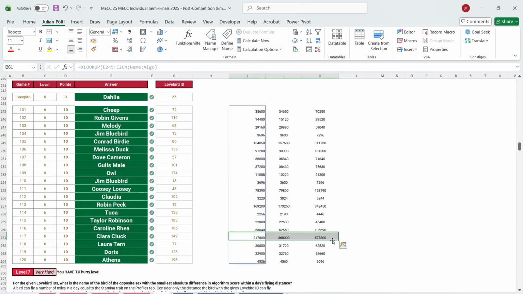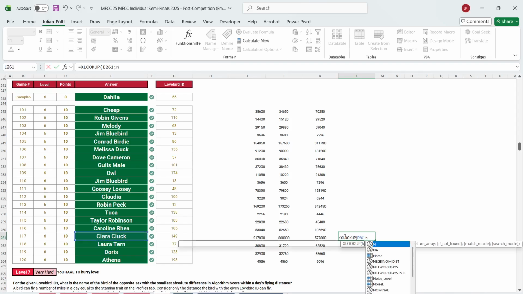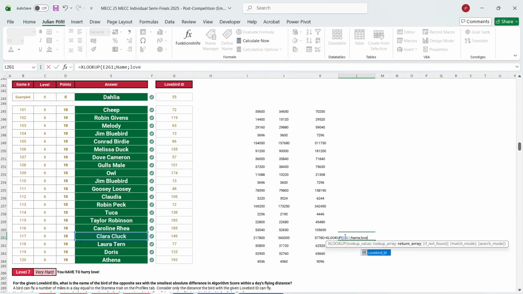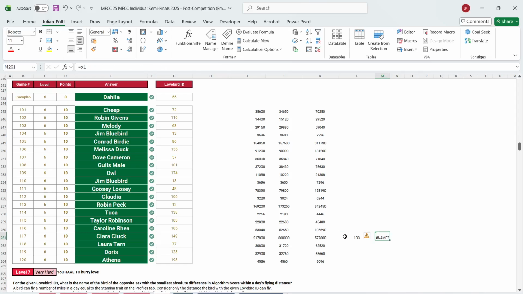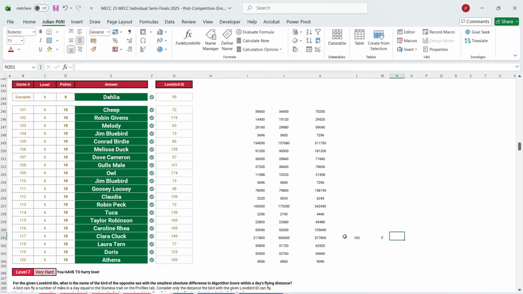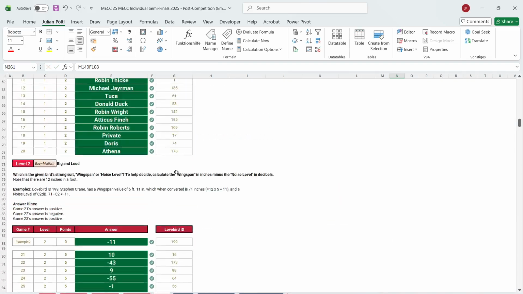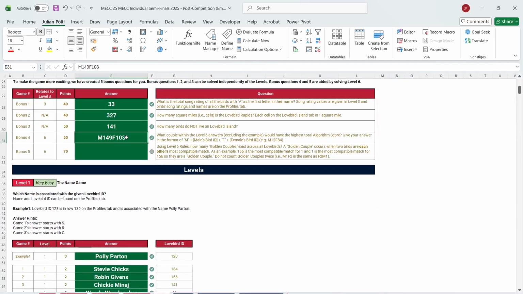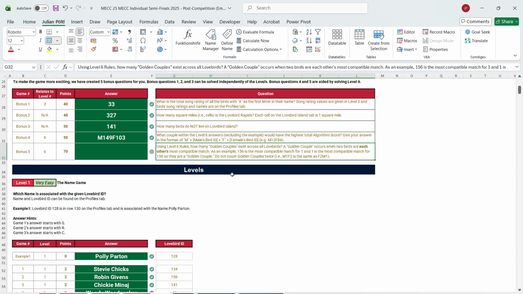MECC is this here. This in Lovebird ID returning the gender F. So it's M148F102. Using level 6 rules.